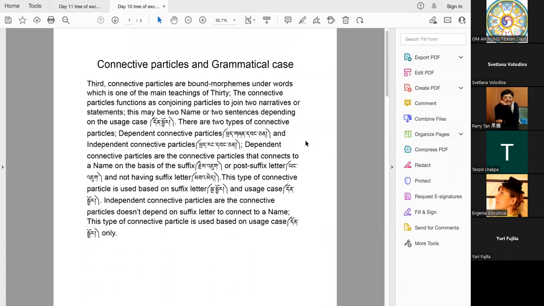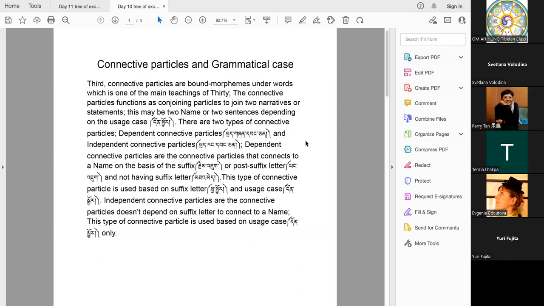And there are 2 types of connective particles, the dependent connective particles and the independent connective particles, te shenwanche and te rangwanche. The dependent connective particles, or the te shenwanche, are dependent on the factor that these are associated with name, ming, on the basis of having suffix letter.